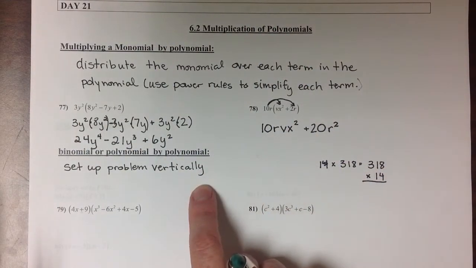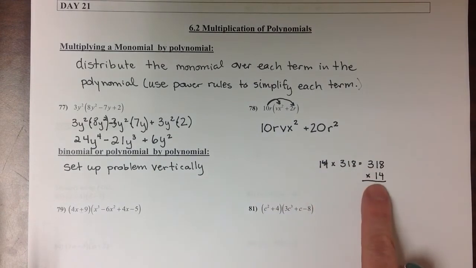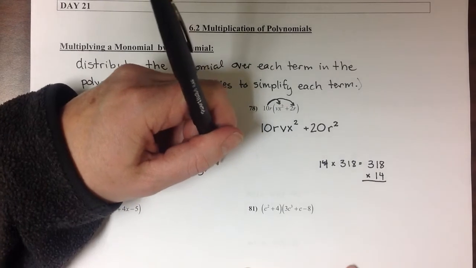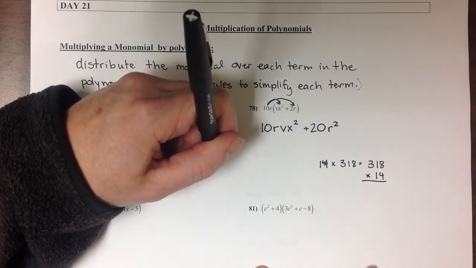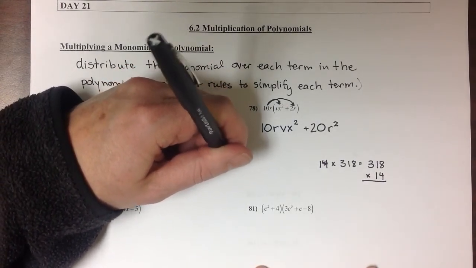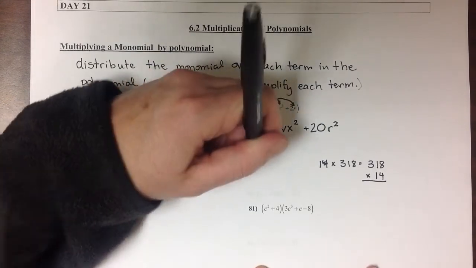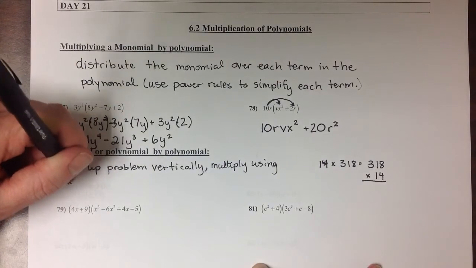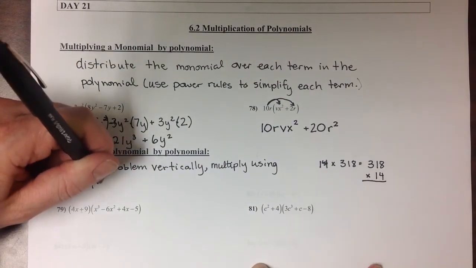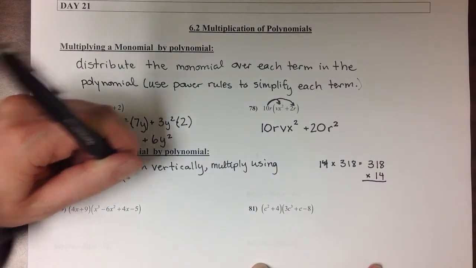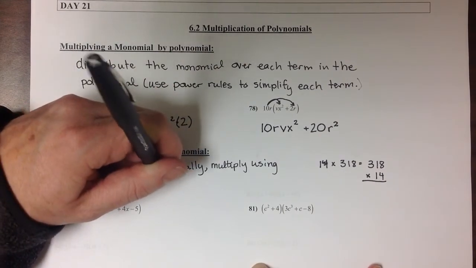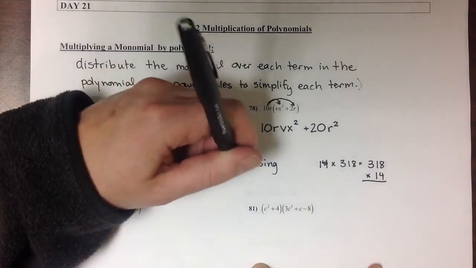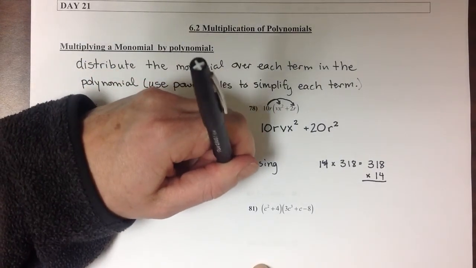So you set the problem up vertically the same as you would with a regular multiplication problem, and then multiply using the same pattern as whole number multiplication.